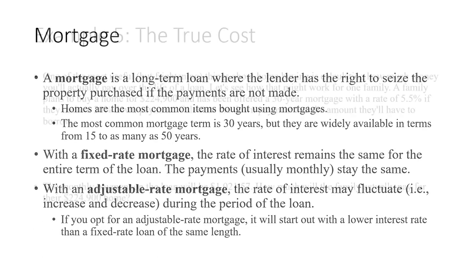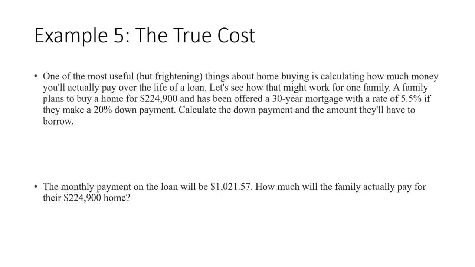So one of the most useful things you can do is calculating how much money you'll actually pay over the lifetime of a loan for a house. Let's say a family plans to buy a home for $224,900 and you have a 30-year mortgage with a rate of 5.5%, so long as they make a 20% down payment. So first let's calculate the down payment and the amount that they'll have to borrow. Well, $224,900.